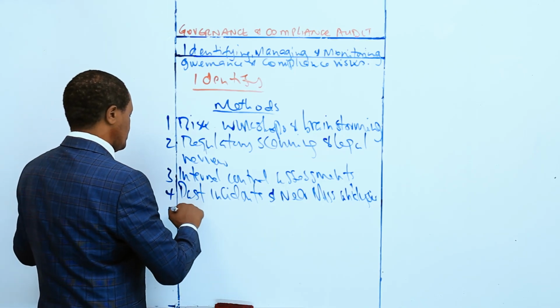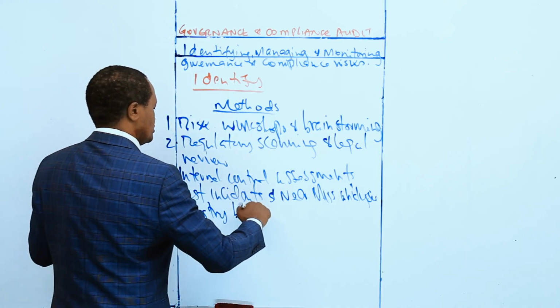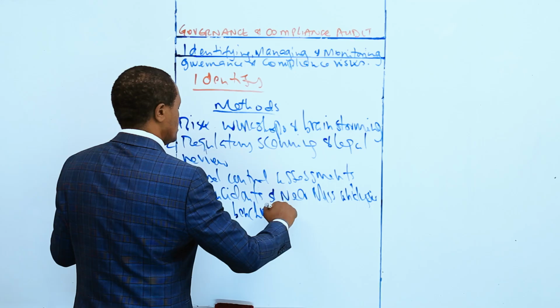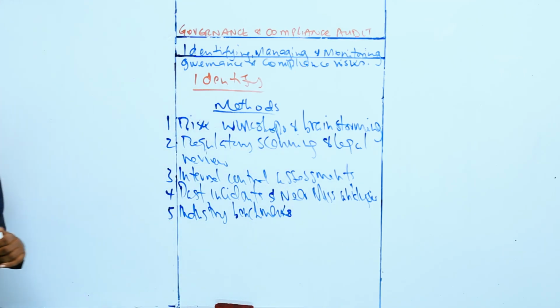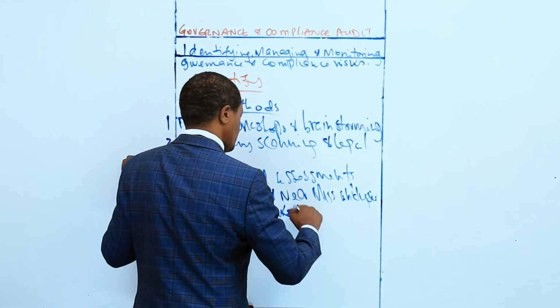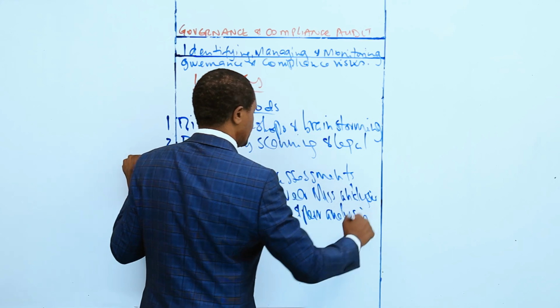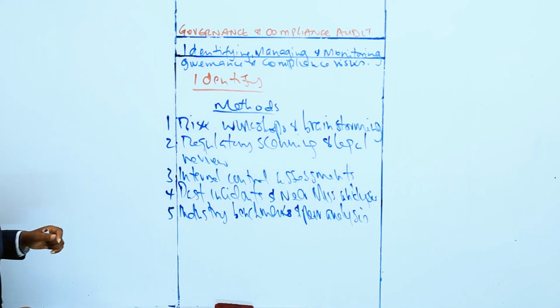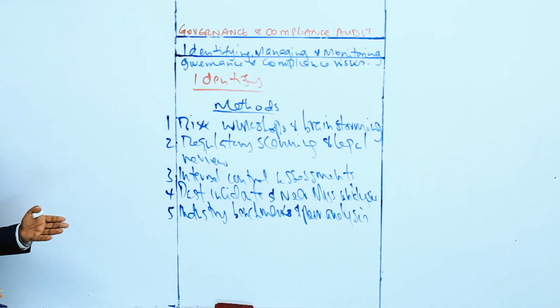Five, we have industry benchmarks and peer analysis. This is another way to identify governance and compliance risks.